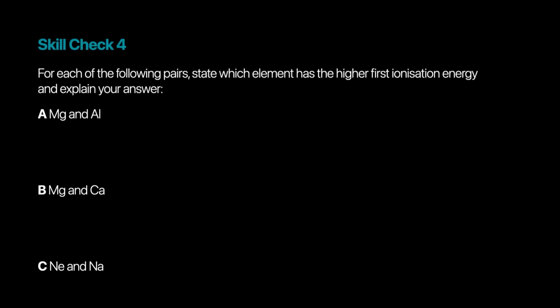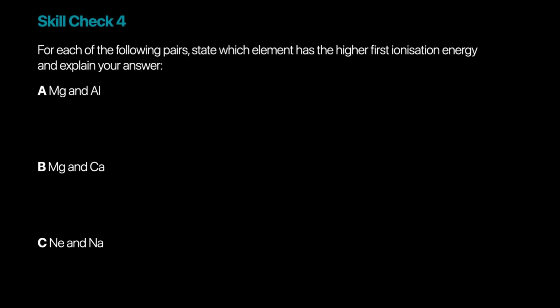This is the fourth question. Skill check number 4. For each of the following pairs, state which element has the higher first ionization energy and then explain your answer. So now we're going to look at different trends, because what they're talking about here is the difference across a period. But this is a drop from going from 3s2 outermost electron to 3p1. So aluminum is 3s2 3p1.